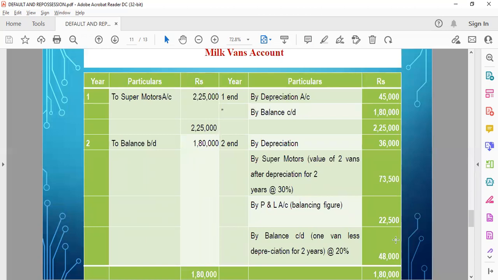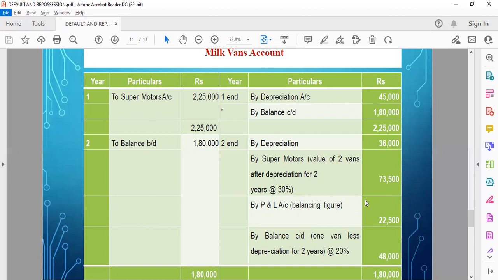So you can write 1,50,000 minus 45,000. Then for the second year also, we should calculate the depreciation. How can you calculate? On the 1,05,000 value, right? 1,50,000 minus the depreciation value 45,000, the balance amount is 1,05,000.